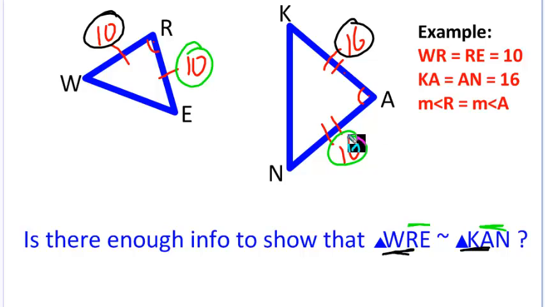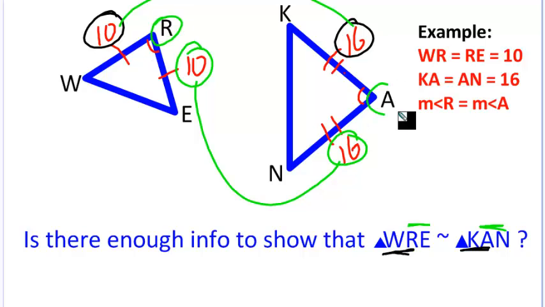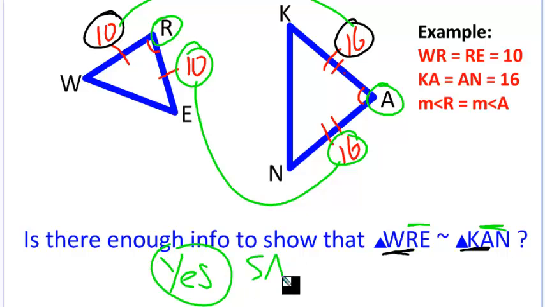Since whatever you're multiplying 10 by the first time to get to 16 would be the same as whatever you're multiplying 10 by to get to 16 here, I think it's safe to say that those sets of corresponding sides are certainly proportional. And since the angle in between them is congruent, we can say, yes, that is enough information to show that the two triangles are similar due to SAS similarity.